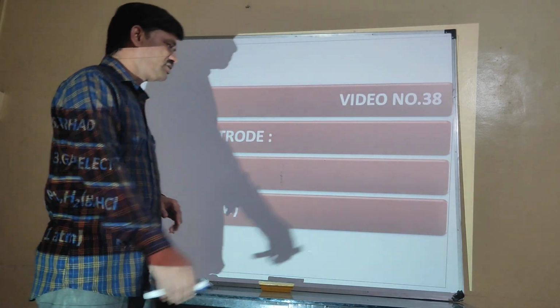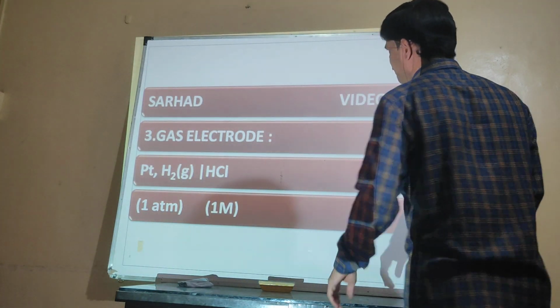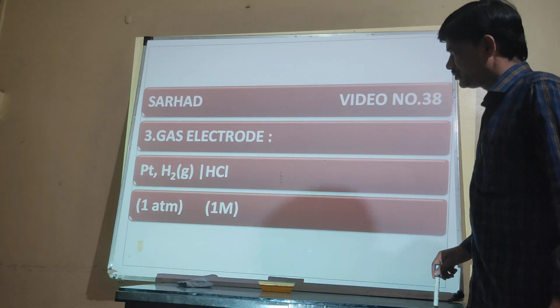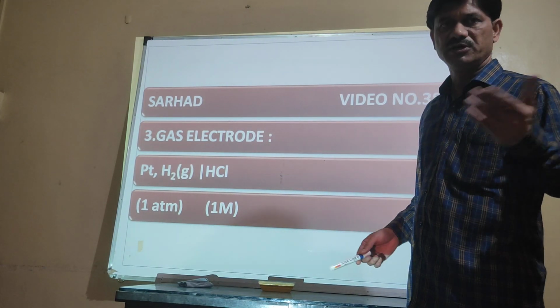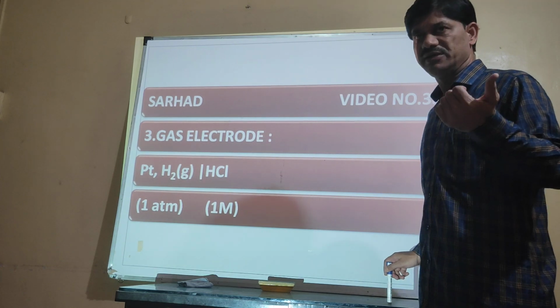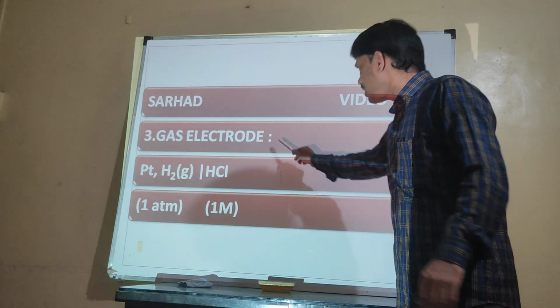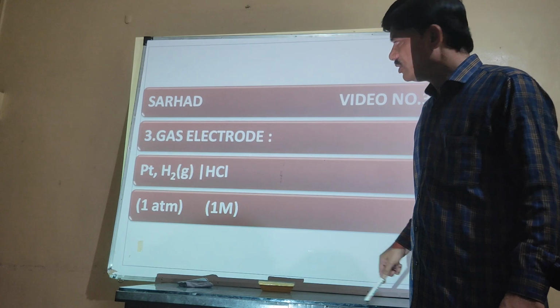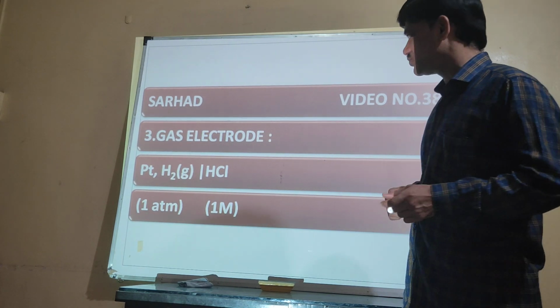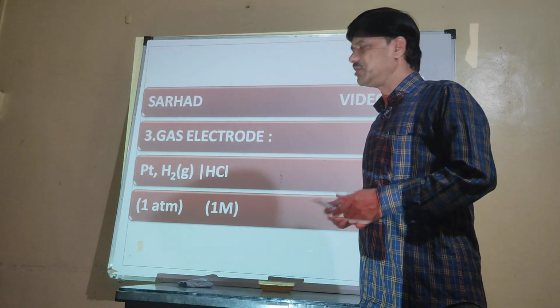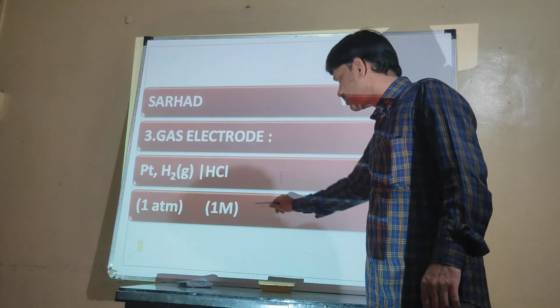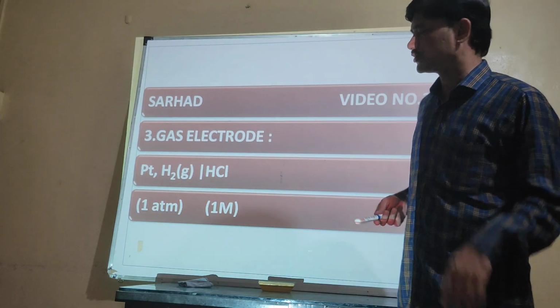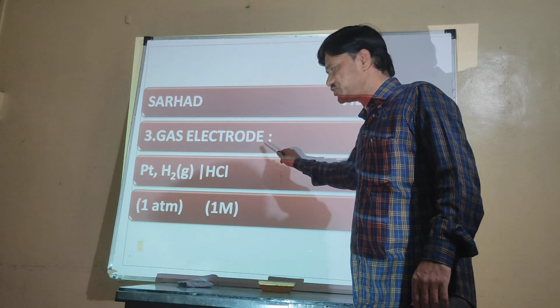Let us start with the third type of electrode, known as the gas electrode. In the sign convention part, we just discussed that a platinum wire is used to make electrical contact. So what happens in the case of a gas electrode? Pure and dry H2 gas or any other gas is bubbled on a particular electrode at a certain atmospheric condition and concentration. Such a construction is called a gas electrode.